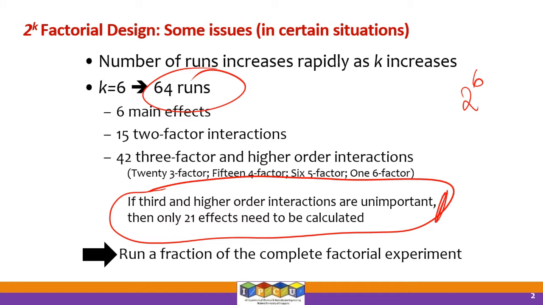We can do half of this, right? So that's why it is called fractional, right? Half fraction of the full 2 to the power of 6 experiments in order to understand almost completely about the process. We can afford to ignore, or we can afford to poorly estimate the three factor and other higher order interactions. So we can sacrifice some of the parameters. So that is what leads to this idea of fractional factorial design.